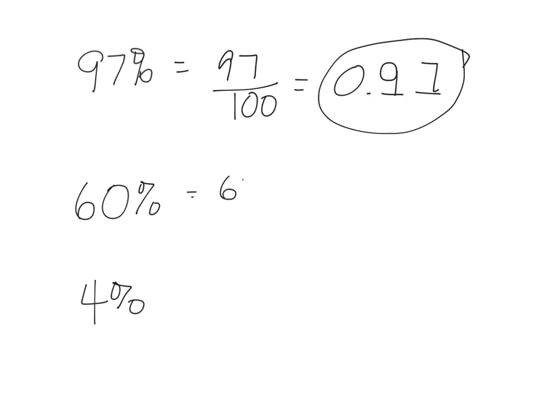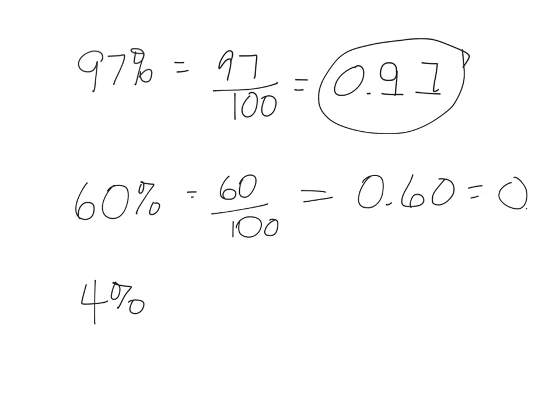So 60% would be 60 per hundred, which is 60 hundredths, which ends in the hundredths place. I could also write it as just 0.6. And 4% would be 4 hundredths. Again, hundredths is 2 places over. My 4 has to end there, so I put a 0 in the front.